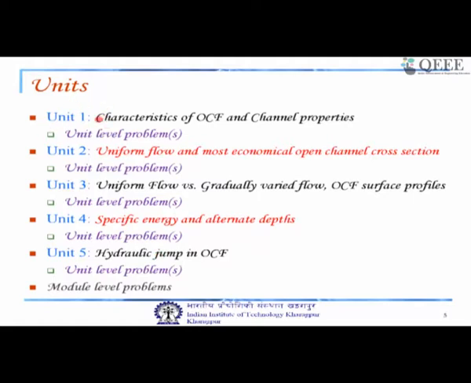Unit 1 is the characteristics of open channel flow and channel properties, with unit level problems. Unit 2 is uniform flow and most economical open channel cross section, with a unit level problem. The first session will cover these 2 units, and the remaining 2 sessions will cover units 3 to 6.